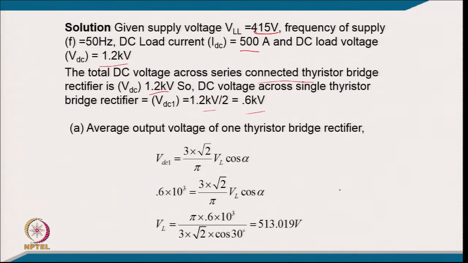You can find out typically from the relation how much secondary voltage you need. For a given firing angle and a required DC link voltage, you can find out the line voltage, and this line voltage at the secondary of the transformer you need, this much in place of the 415 volt.